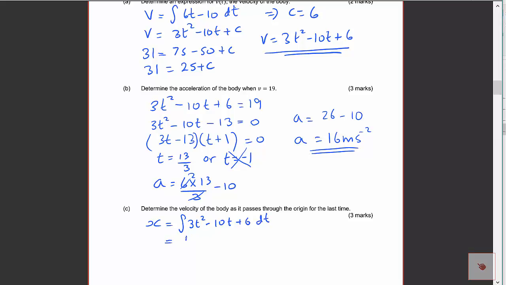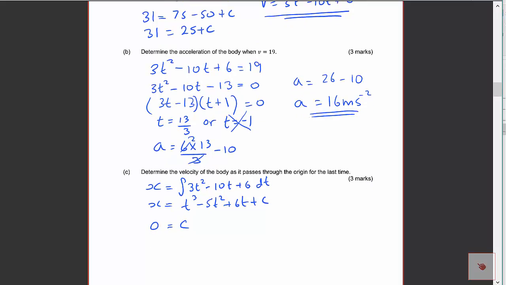So that's going to give me t cubed minus 5t squared plus 6t plus a constant. And then we know that x is 0 when t equals 0. So in other words, x is going to be t cubed minus 5t squared plus 6t.